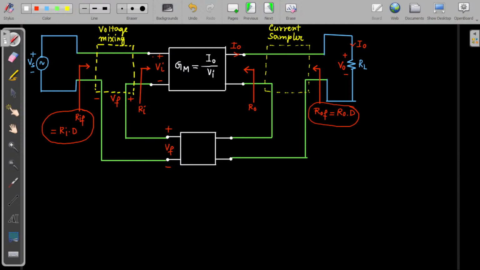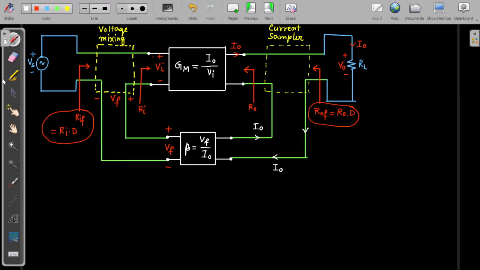So here the current will flow in this direction. This is the I0 current, and this one is the I0 current. So the input current for the feedback element is I0, the output is VF, and here will be your I0.